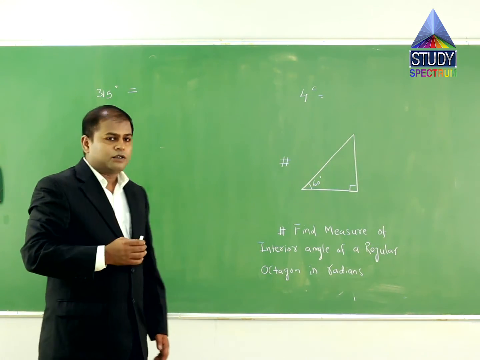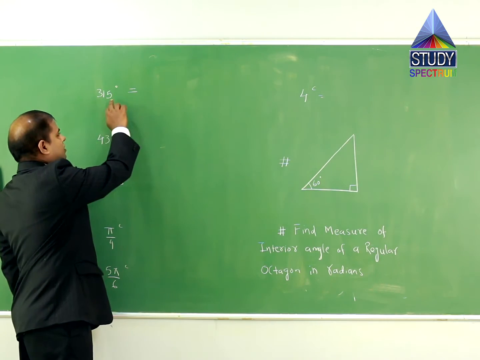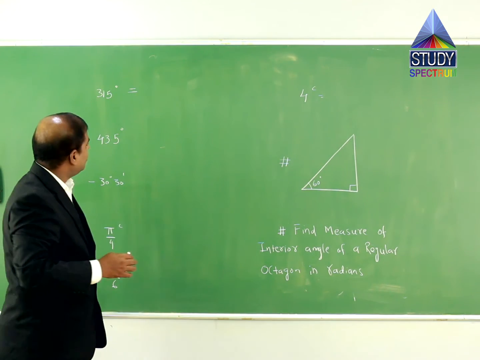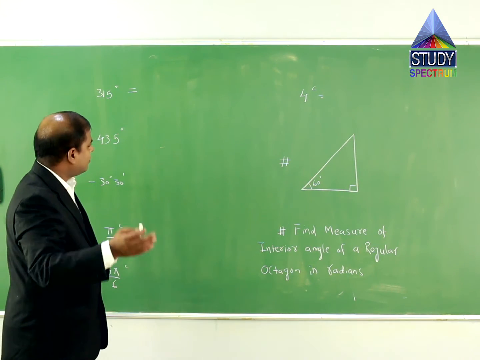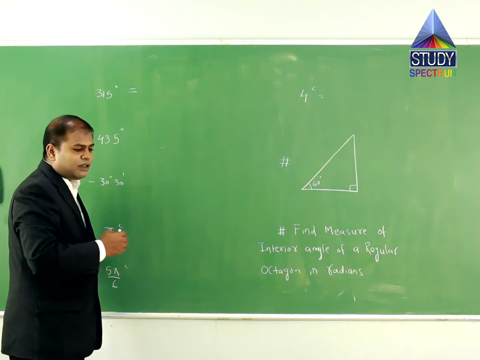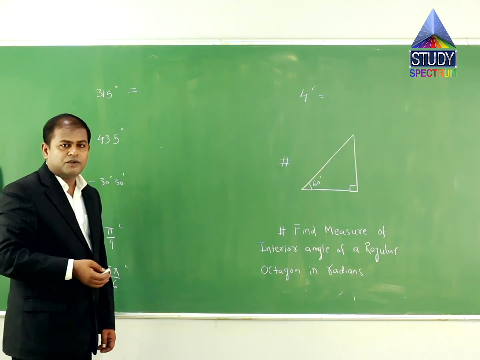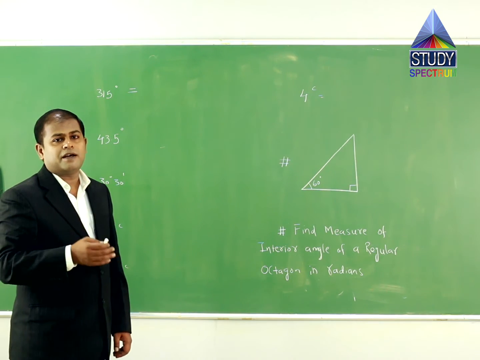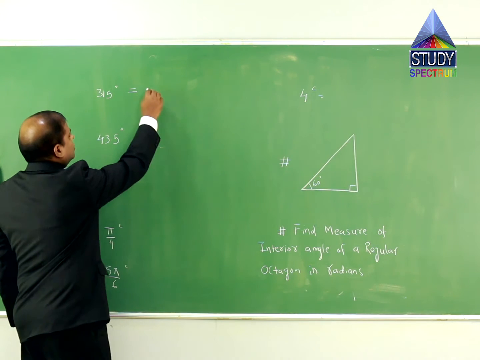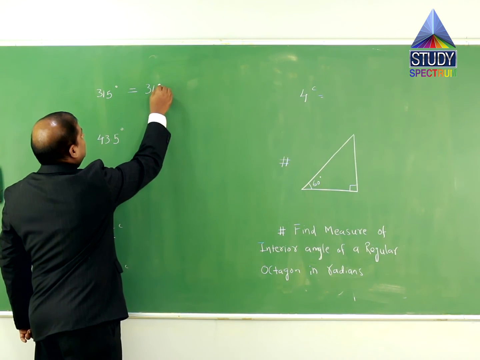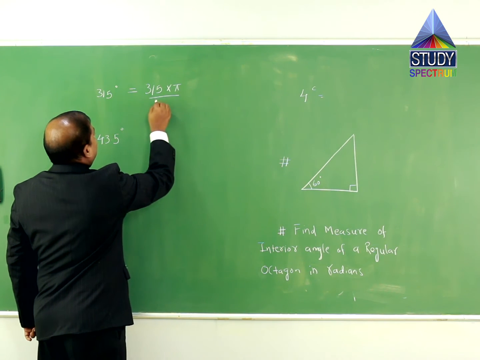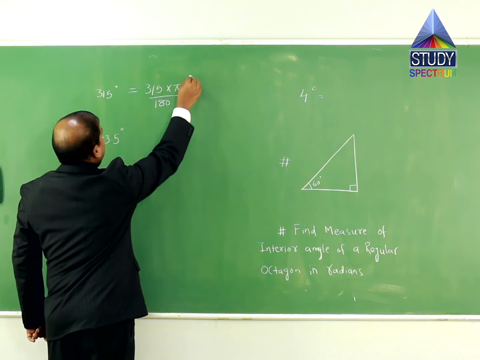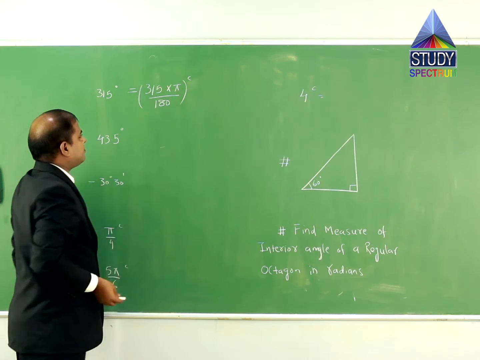What I want is to convert this to radian measure, or I want to find 315 degree is how many radians. So we have just discussed, if you want to convert degree measure to radian measure, we'll multiply by pi by 180. So I'll say 315 degree is 315 into pi by 180 radian, right?